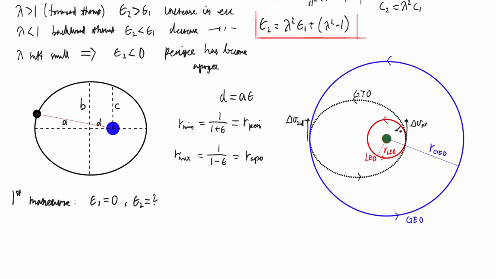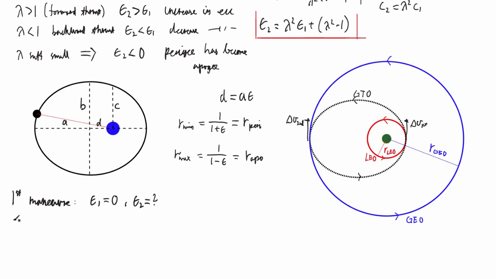If you look here, this ellipse is the same as this one, essentially. It has a semi-major axis of length a. So we can see that the distance from apogee to perigee is 2a. We can also see that the distance from apogee to perigee here is the low Earth orbit radius plus the geostationary Earth orbit radius.